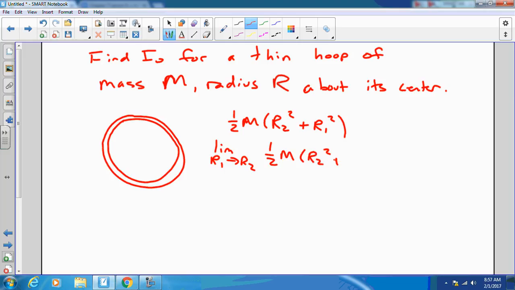In other words, I'm getting a thin hoop. And when I do, then I get 2 r2 squared times 1/2, which gives me m r2 squared. Taking this result and applying it to the thin hoop of radius r, we conclude that I0 is equal to m r squared.